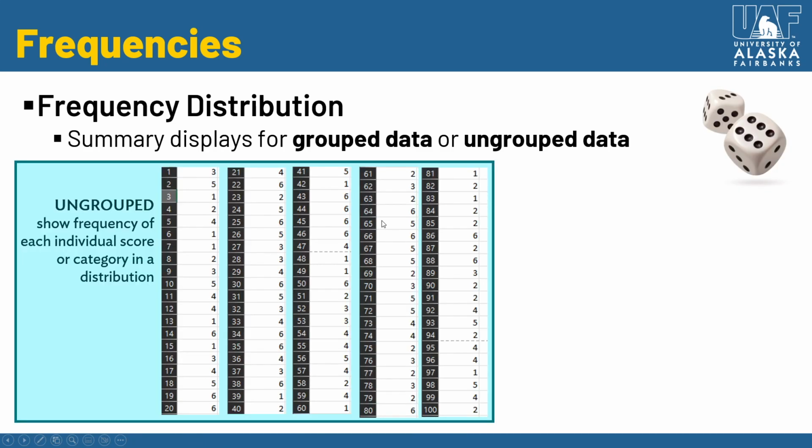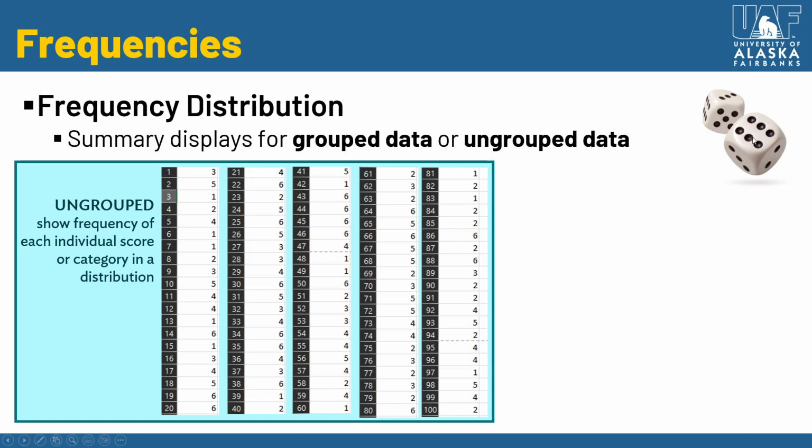And so when it comes to the data we'll be working with, if it's ungrouped, this is typically what we see in spreadsheets or in our data sets when we're working with statistical software. So ungrouped is just the frequencies of each individual score or category in a distribution.